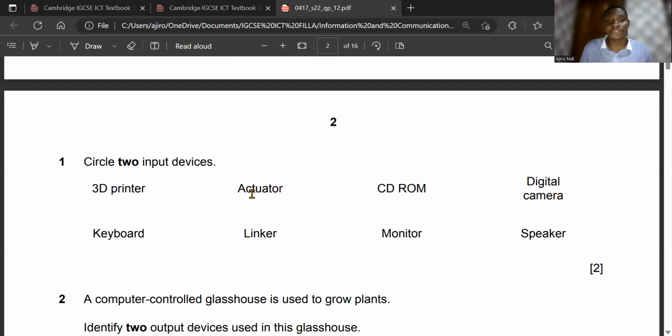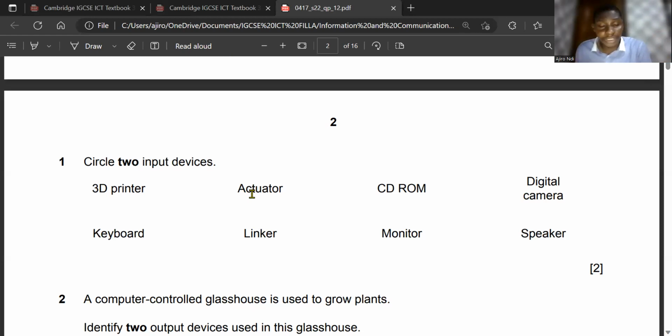Actuators, on the other hand, work together with the microprocessor, especially for doors. And we have them in linear, and then we have them in rotary. You can also see them in autonomous vehicles. No, you don't actually see them in autonomous vehicles. You can see them in industries, as well as in doors.